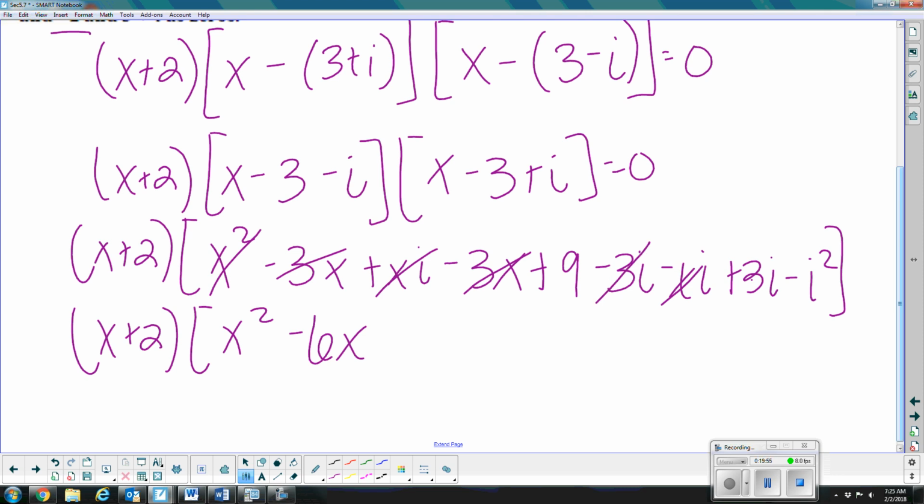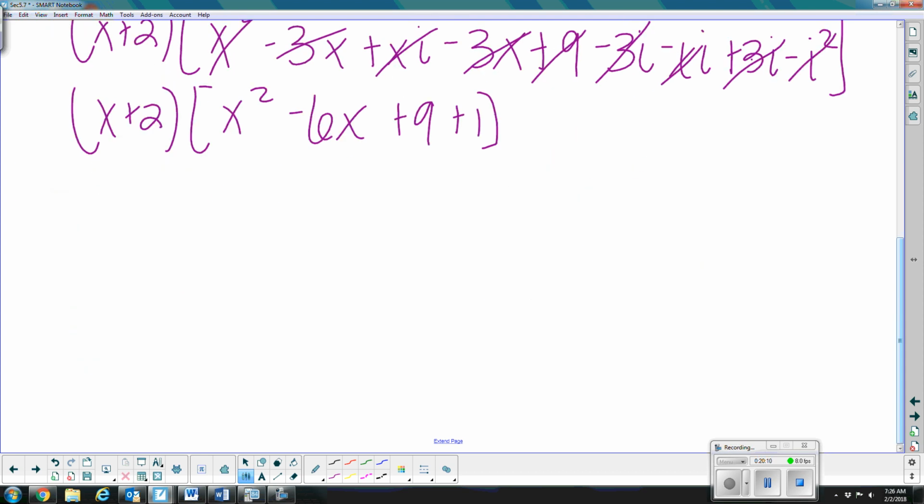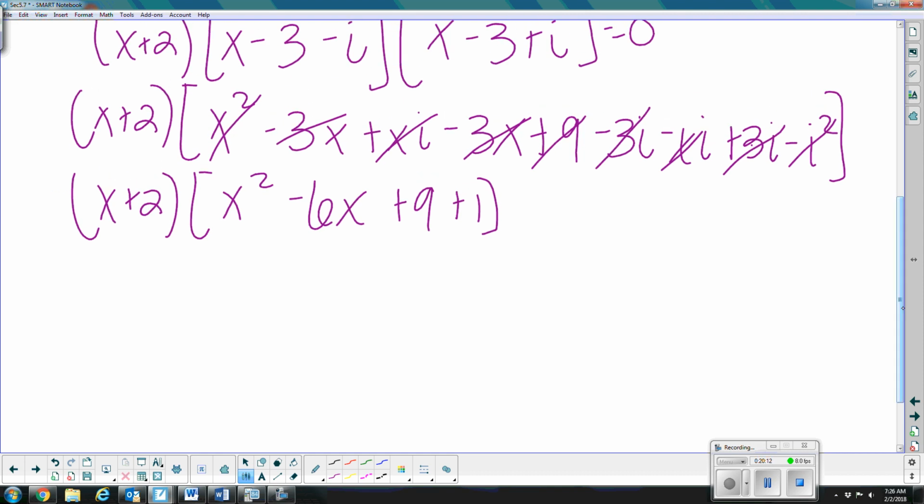Minus 3i plus 3i, that cancels out. And I have plus 9 and minus a negative 1, because i squared is negative 1. So that's plus 1. All right, so I'm going to add my like terms.